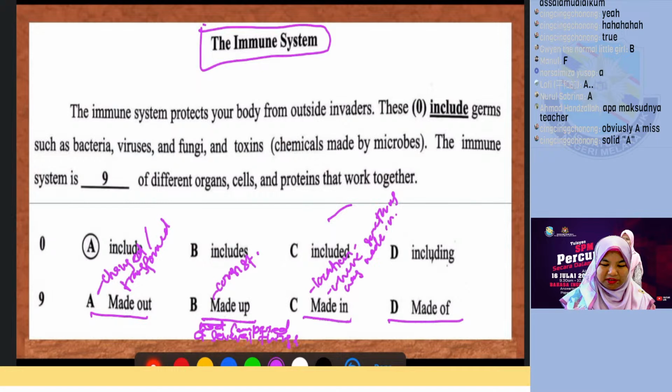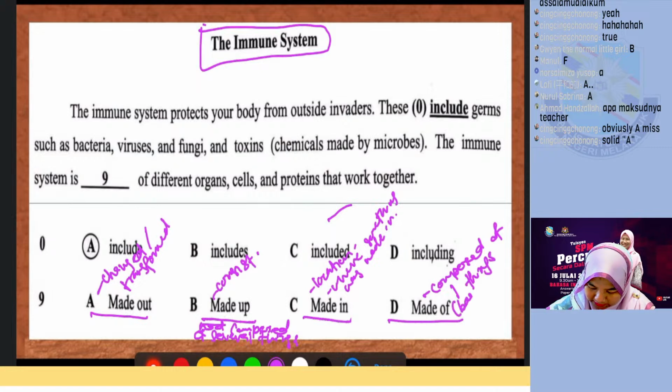Made of here means composed of one thing, a basic material. So I have explained the meaning.